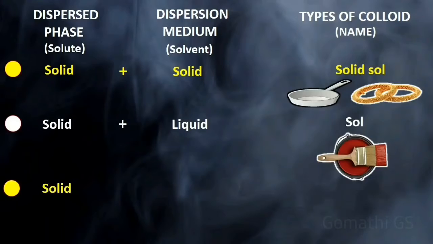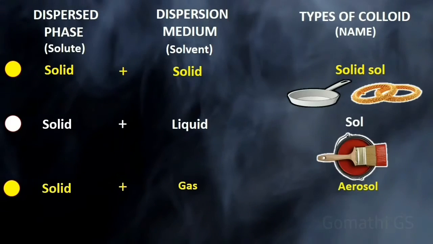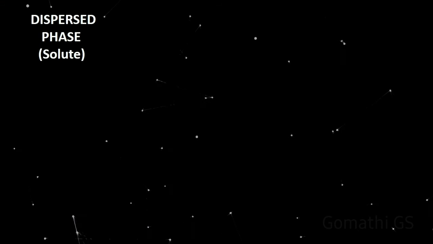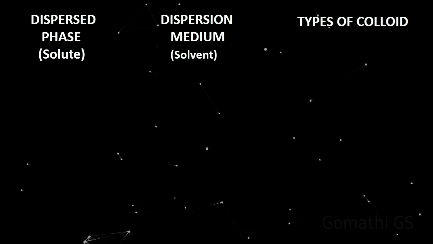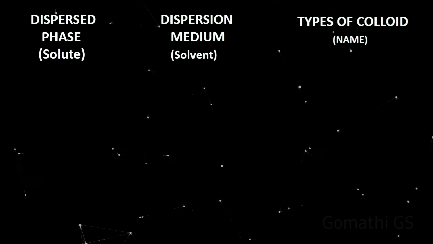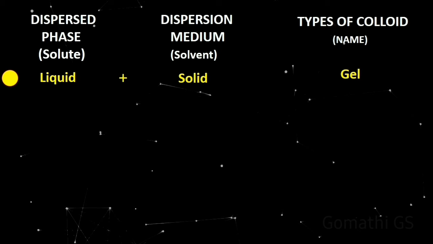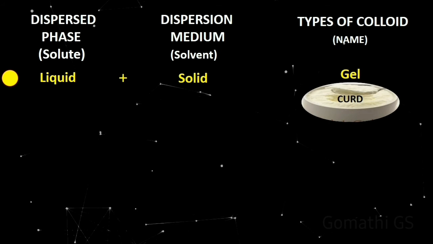Smoke, dust are the combination of solid and gas and the type of colloid is aerosol. Liquid and solid combine together to form a colloid called gel.